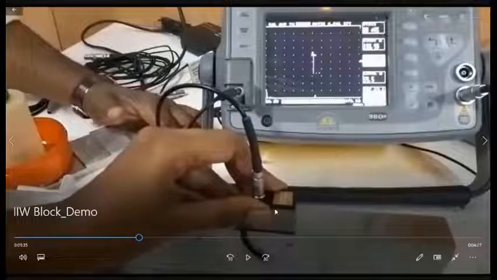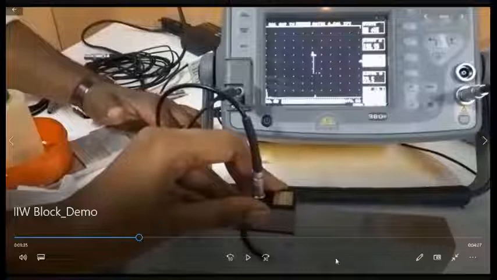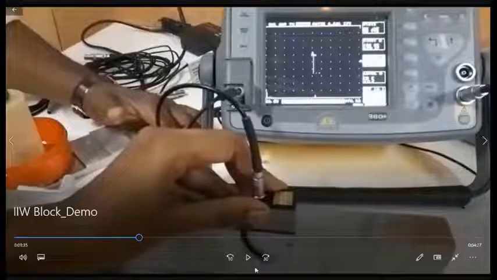This is an angle probe that we have here with a particular angle that the beam will exit at. So right now we'll get a maximum signal from this curvature that we have by keeping the probe on this surface. So let us try and see at what point the maximum signal is coming out.